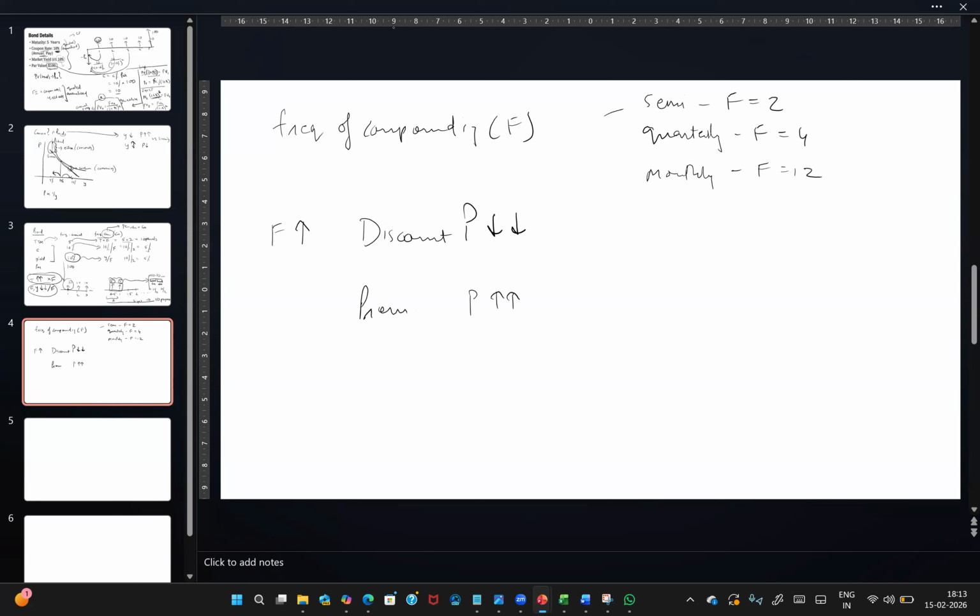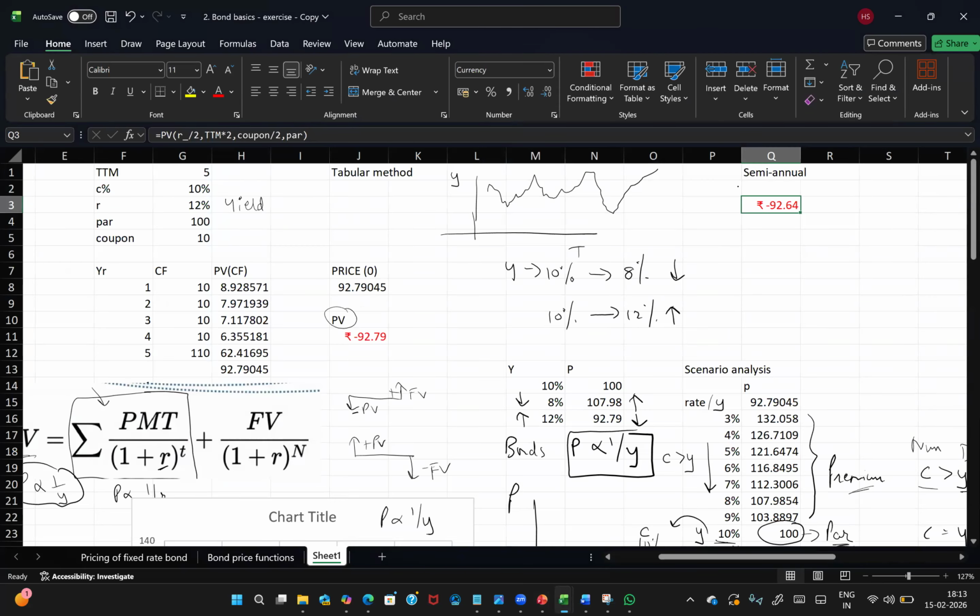Opposite effect. And that is evident here. So now this is a discount bond, right? Because your yield is bigger than your coupon. So in a discount bond, annual compounding gave you 92.8, but semi-annual is giving you a lower price, 92.64.